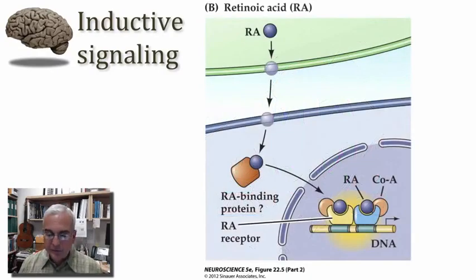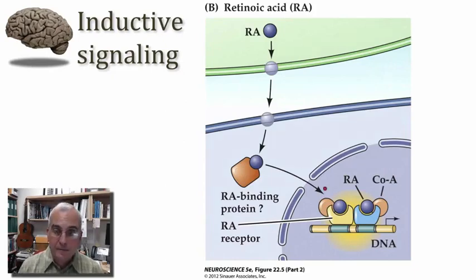So one of the best understood inductive signals is called retinoic acid. Retinoic acid is a small lipophilic molecule metabolized from vitamin A. It's a very important inductive signal, and it's one of the principal substances that explains the importance of vitamin A for early brain development.